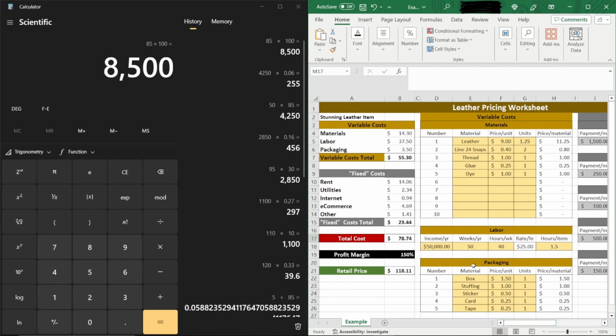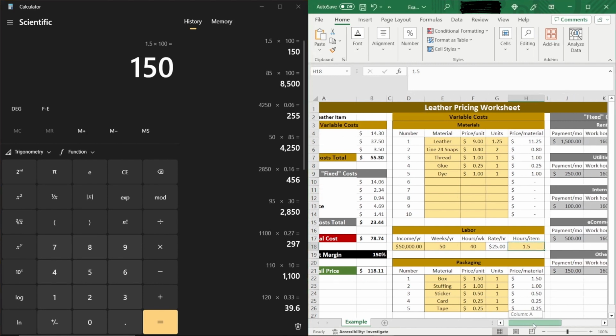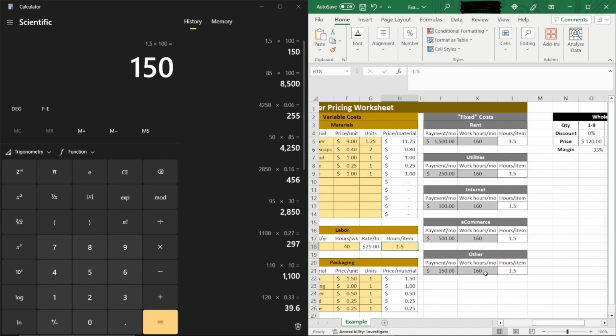Now let's do some calculations real quick. How long does it take you to make 100 of those items? Well, it takes you 1.5 hours each, so 1.5 times 100 items. That took you 150 hours. Look at how many work hours per month, 160. This took you about a whole month to get done.